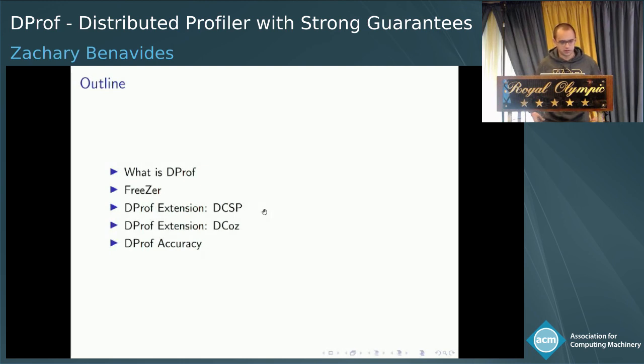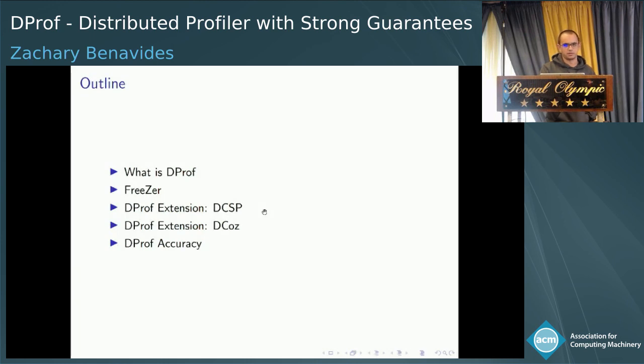So the outline for my talk today, I'll start off by telling you a little bit about what DProf is and the goals that it tries to accomplish. And then I'll talk to you about one of the core components of DProf, which is called Freezer, a new algorithm for solving the timestamp synchronization problem, which enables DProf to meet the goals that it set. Then I'll talk about two extensions to DProf that we wrote, DCSP and DCause.